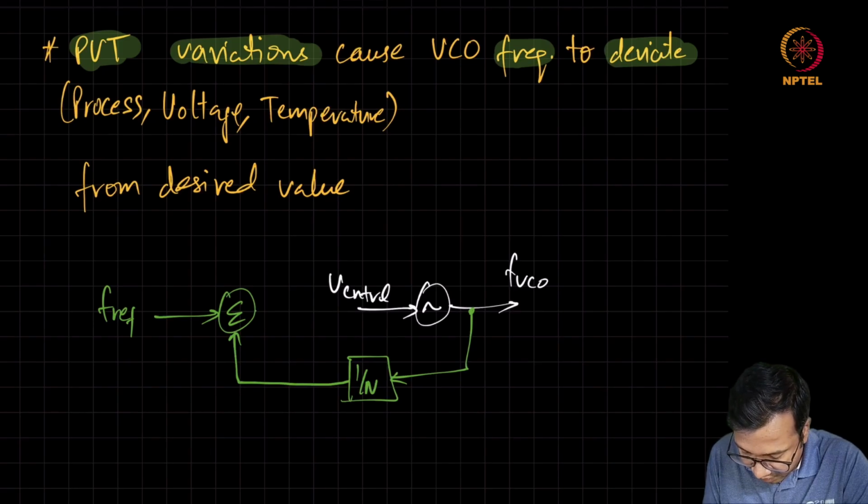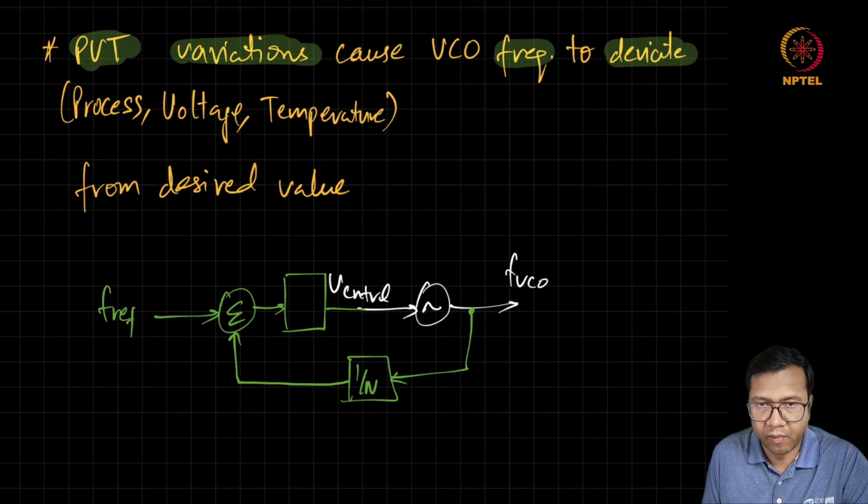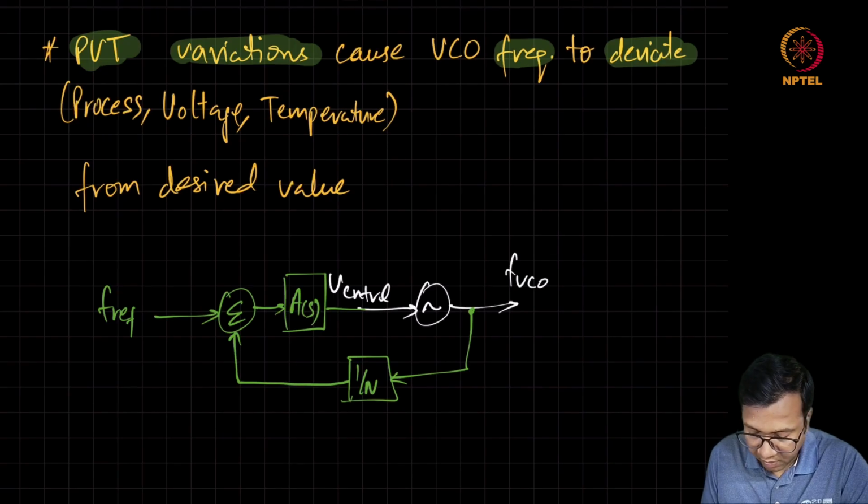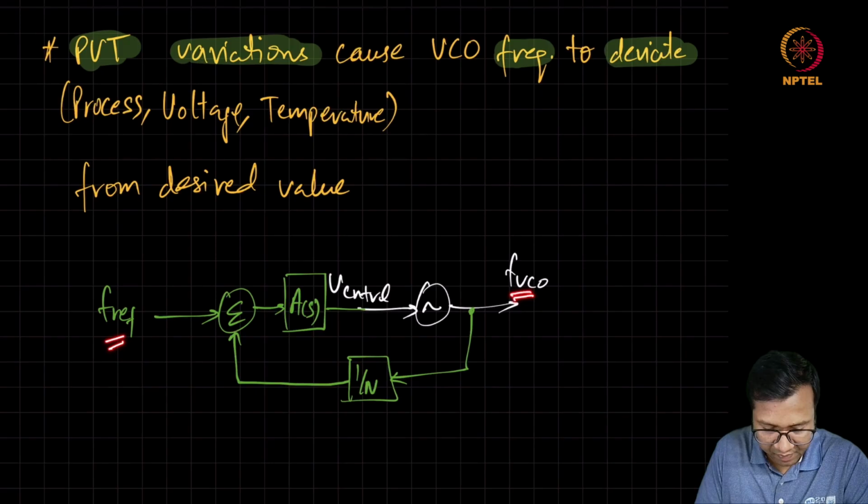And just like in any other feedback system, we add a lot of gain in the forward path to make sure the output frequency is tightly defined by the input reference frequency.